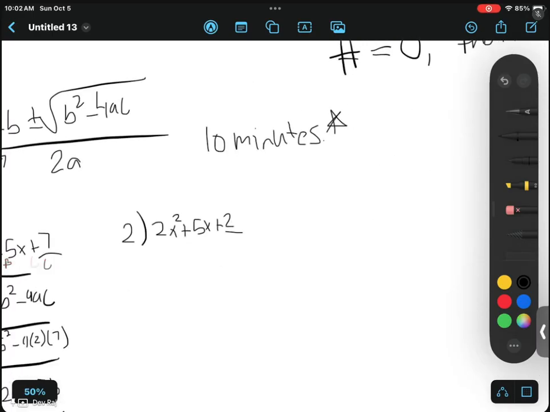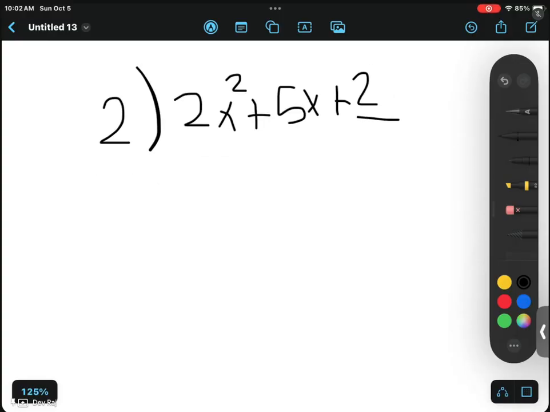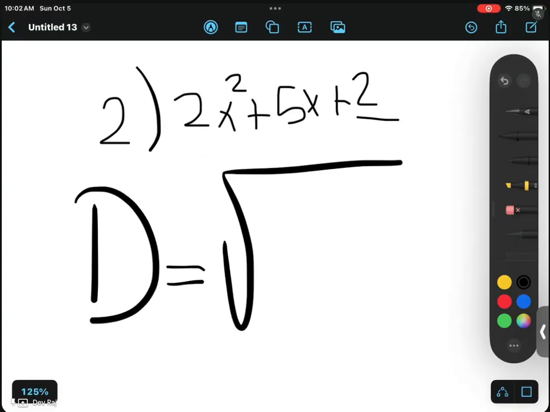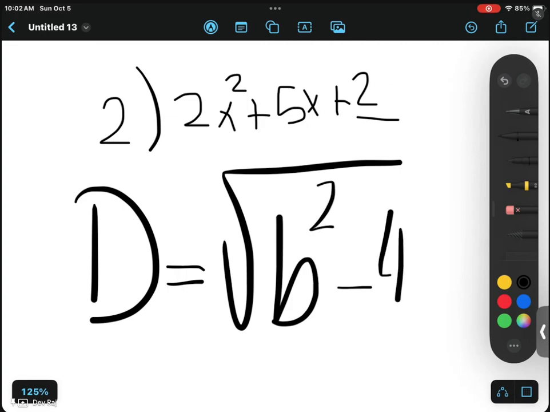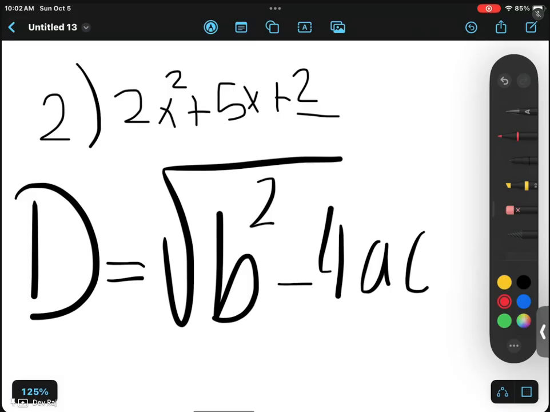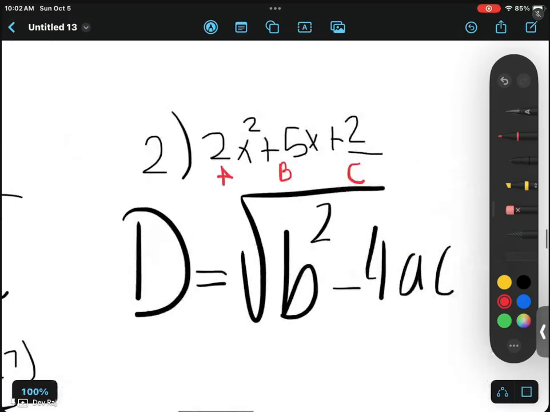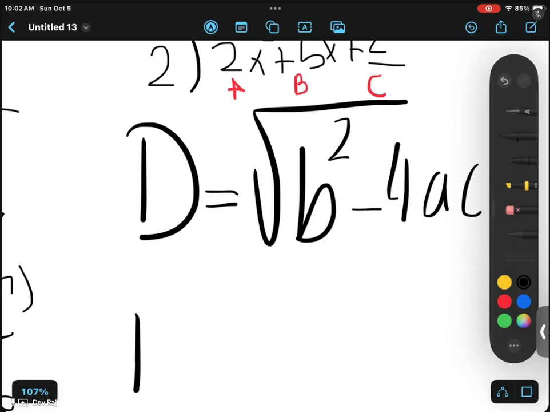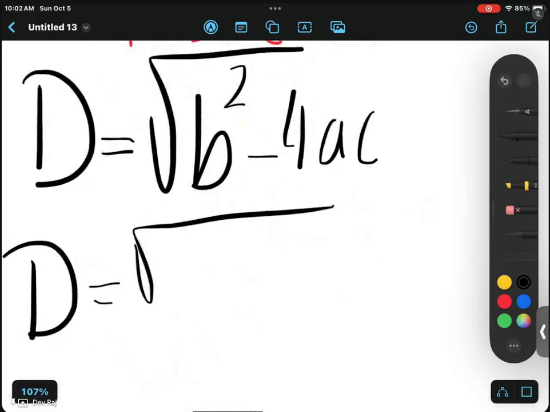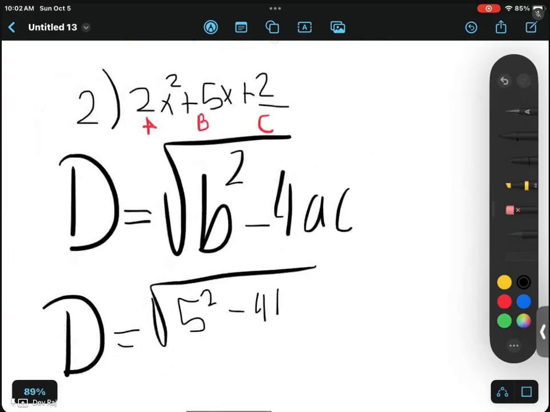Okay, so let's do the second one. So D is equal to, remember, discriminant is b squared minus 4ac. So let's label them A, B, C. Okay, so now we know what our A, B, C values are. So then D is equal to, what is B? 5 squared minus 4, what is A? That's 2.